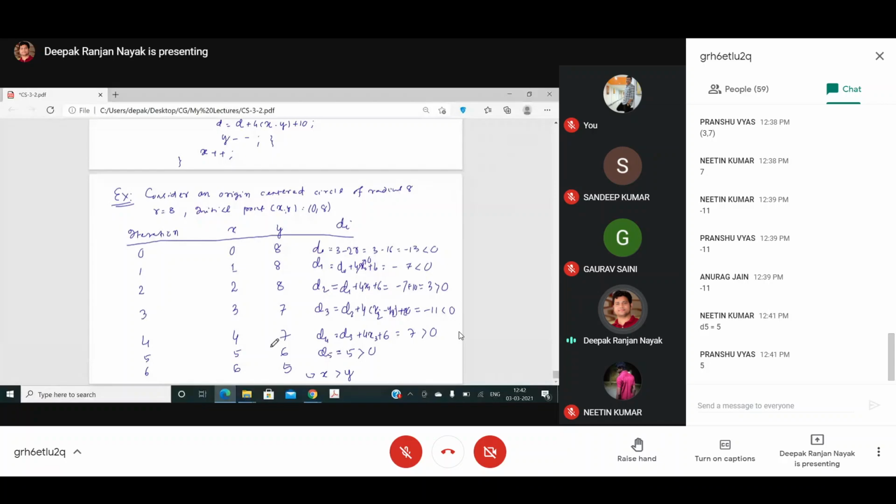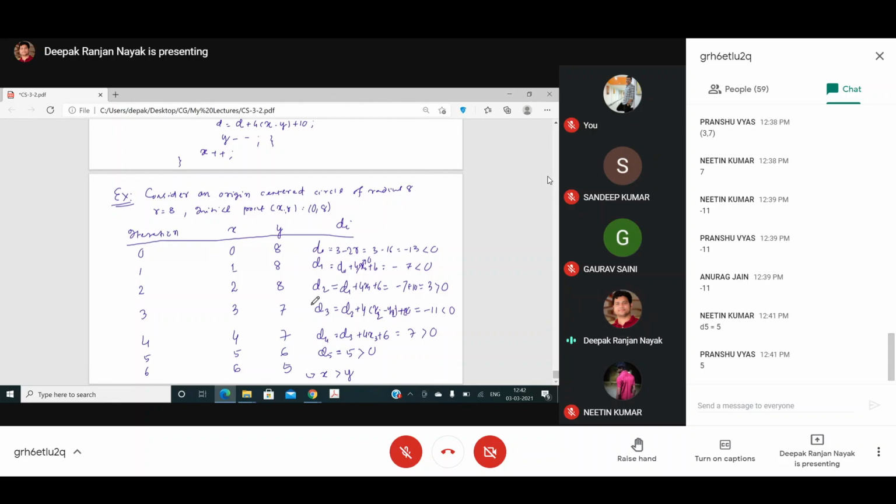So these are the points which you need to plot on the raster or the screen. It is basically for one octant only.